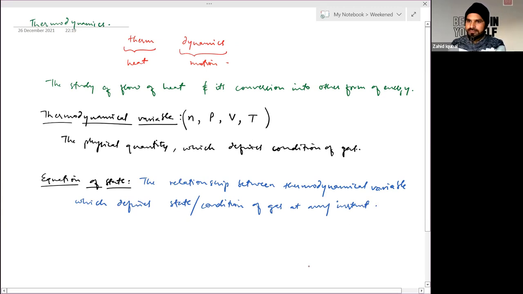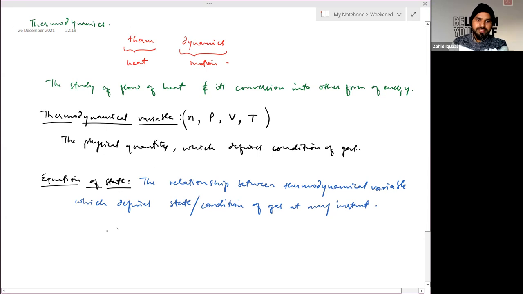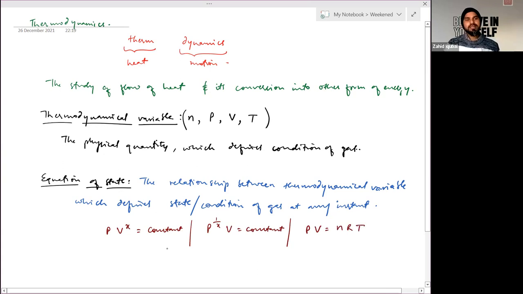No, sir. Okay. So we mainly have first equation, PV raised to x is equal to constant. Second, we may write P^(1/x) V equals to constant. And third, PV is equal to nRT, the ideal gas equation.